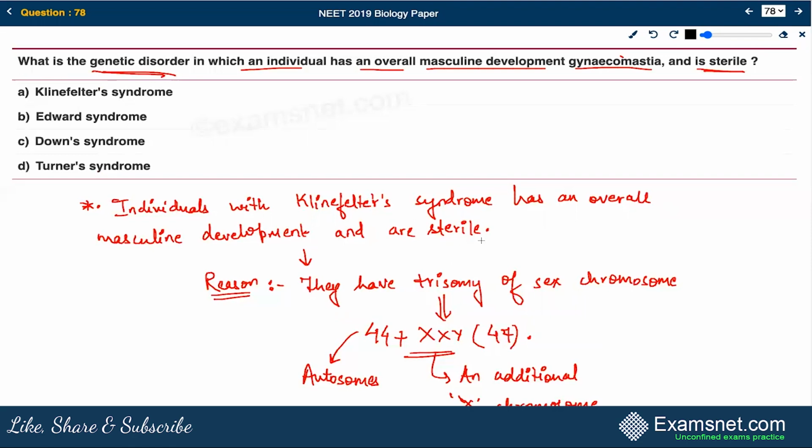Each of the syndromes has different conditions: in Turner syndrome there is an XO condition, then there is a trisomic condition in Down syndrome, then Edwards syndrome also. But in Klinefelter syndrome, there is an overall masculine development in the body, and that's why such individuals are sterile. All right. So that's why option A is the correct answer.